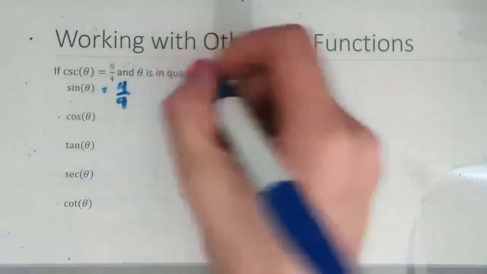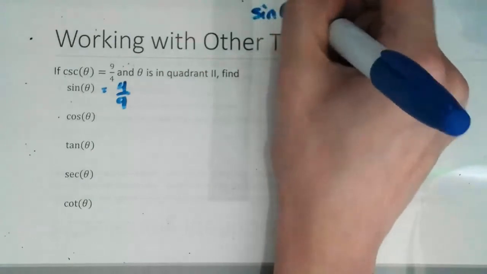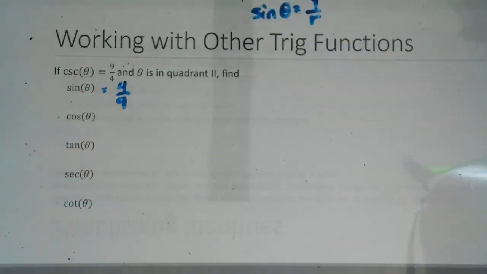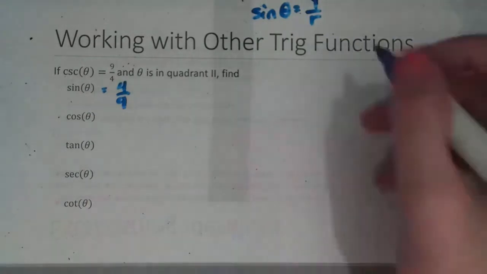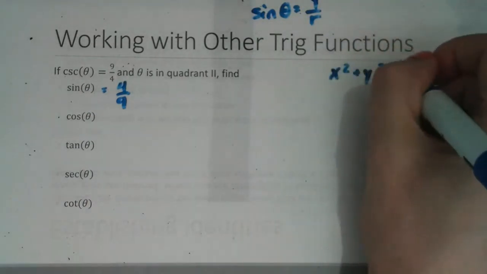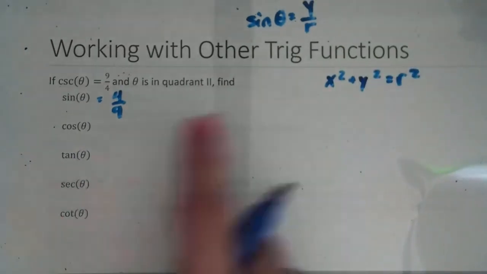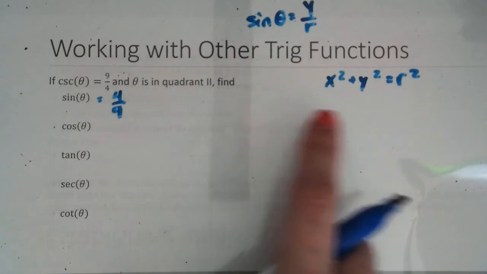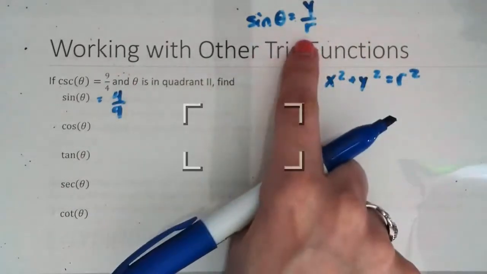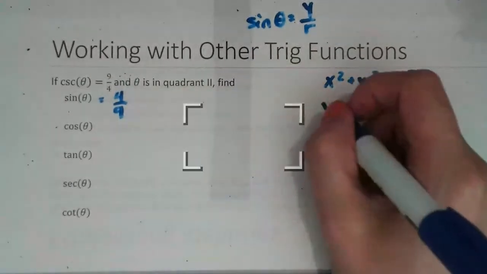Well, remember, the sine of theta is y over r. So they gave me my y and my r value. We know that x squared plus y squared equals r squared because we're working with right triangles. So if I know my y value is 4, my r value is 9, I should be able to solve for x.